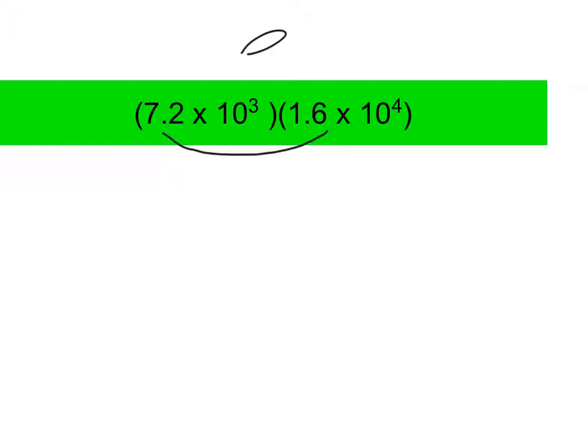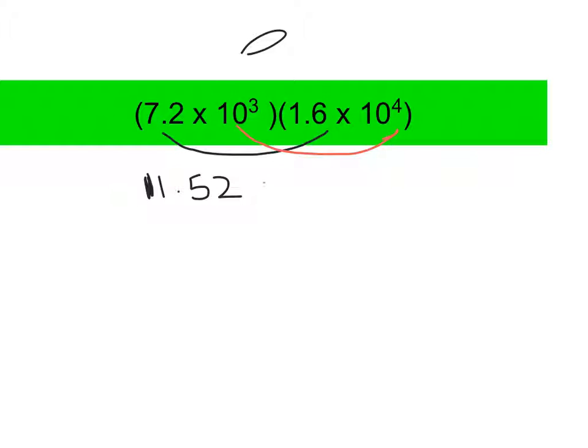If you multiply those together, you would get 11.52. We can multiply them because they just don't have exponents next to them. Now, we still need to multiply our tens as well that also have exponents.